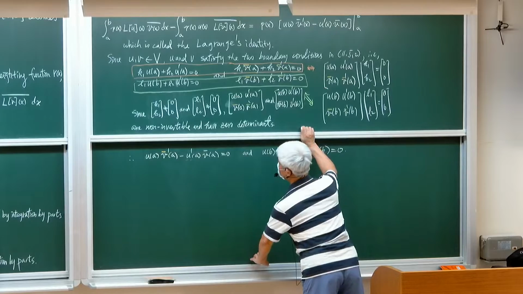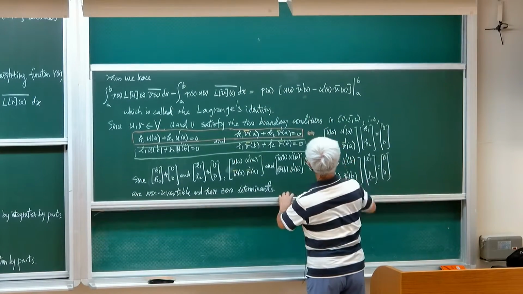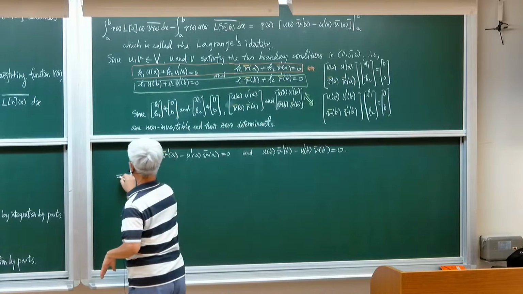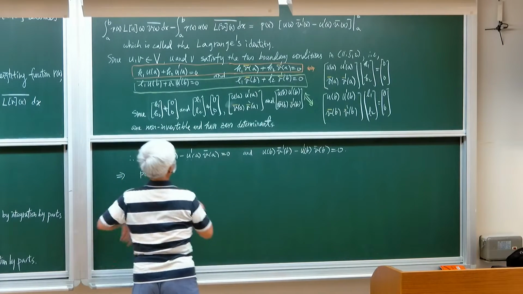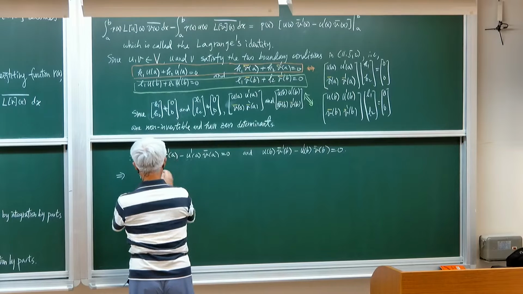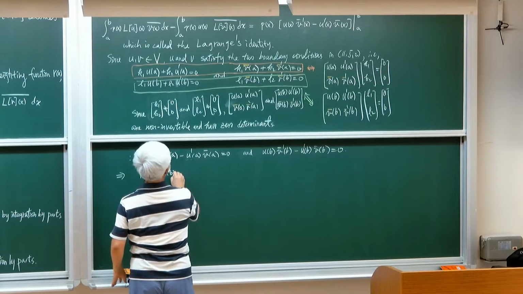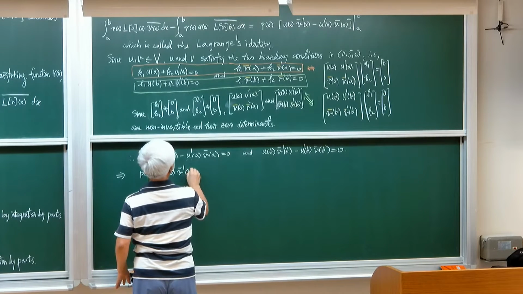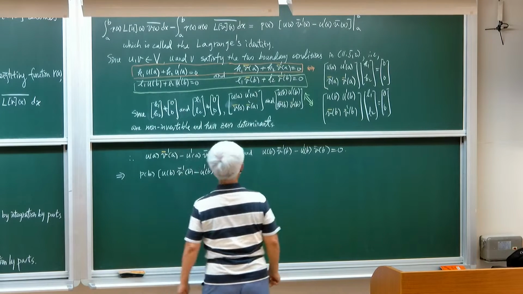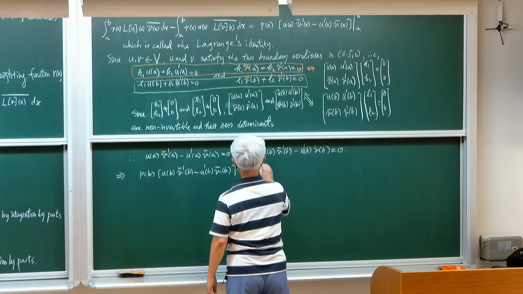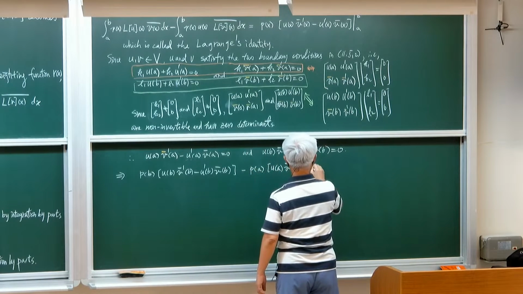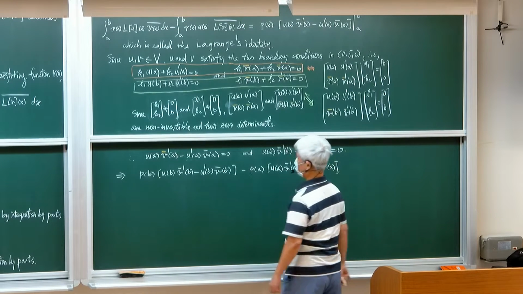All right. So now you look at here. With these two, this implies that P(B) times [U(B) V bar prime(B) minus U prime(B) V bar(B)], minus P(A) times [U(A) V bar prime(A) minus U prime(A) V bar(A)].